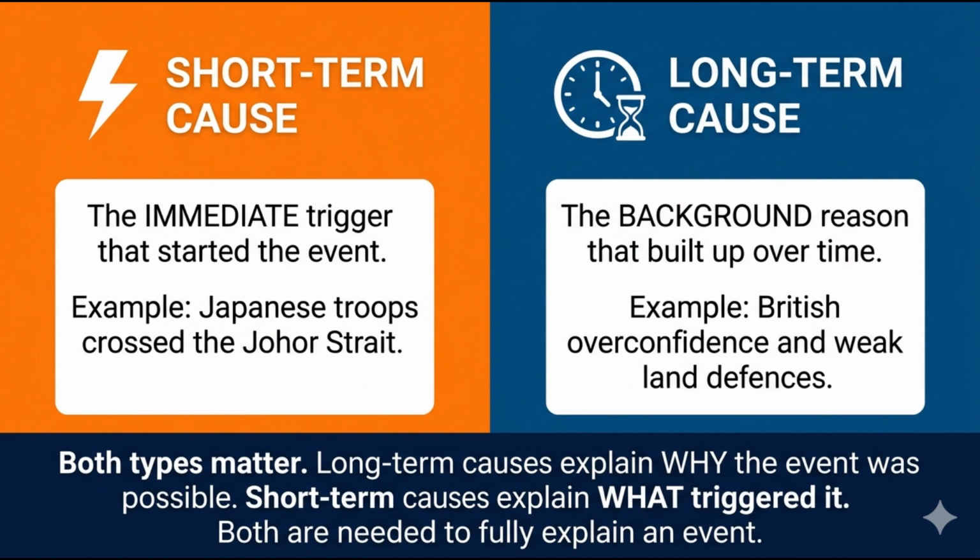The short-term cause was that Japanese troops crossed the Johor Strait in February 1942 and launched a direct attack on Singapore. That was the trigger. But the long-term cause was British overconfidence. The belief that Singapore was an impregnable fortress that could not be attacked. The long-term cause tells you why the event was possible. The short-term cause tells you what actually set it off.